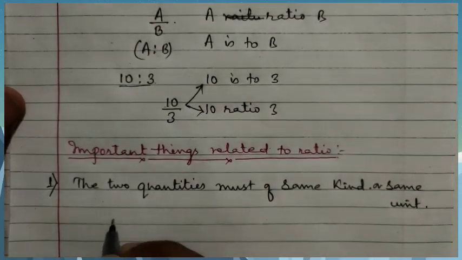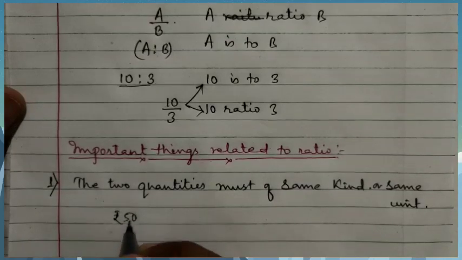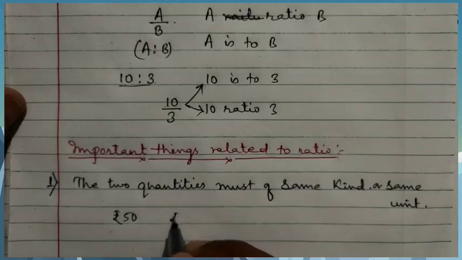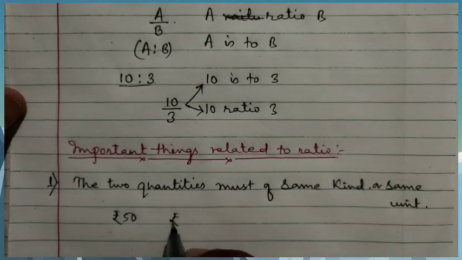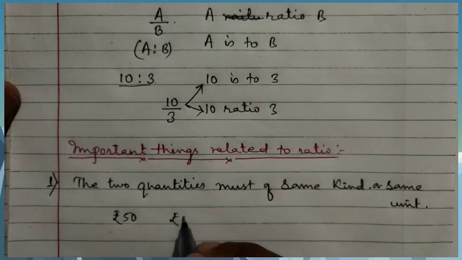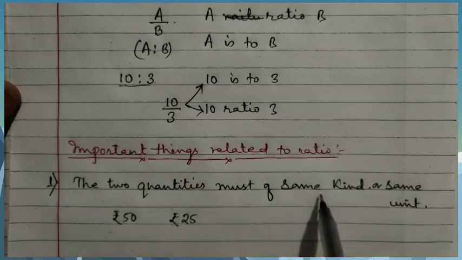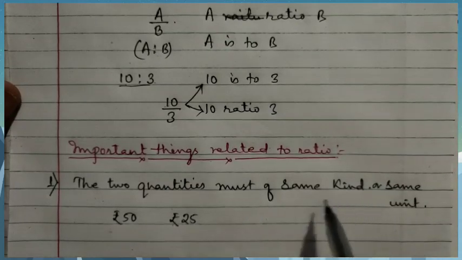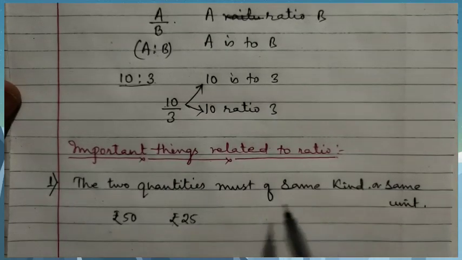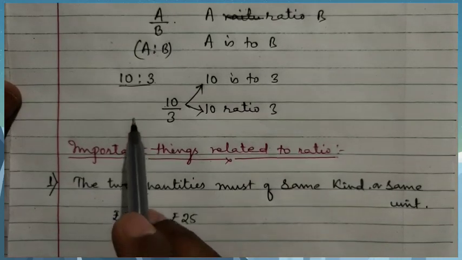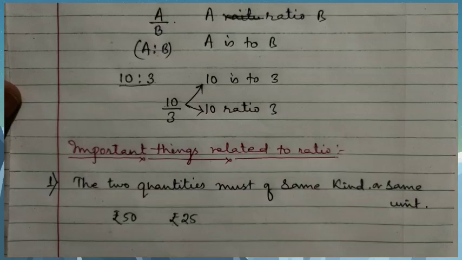Like if the first quantity is rupees 50, the second quantity should also be in rupees. It should not be in paise, or in kg. We can take it rupees 25. So these two quantities have the same unit, or they are of the same kind. This first rule means both quantities should be of the same type.